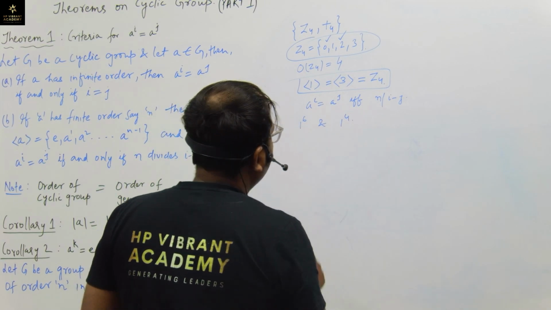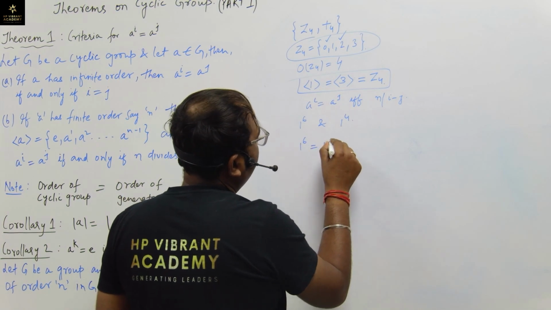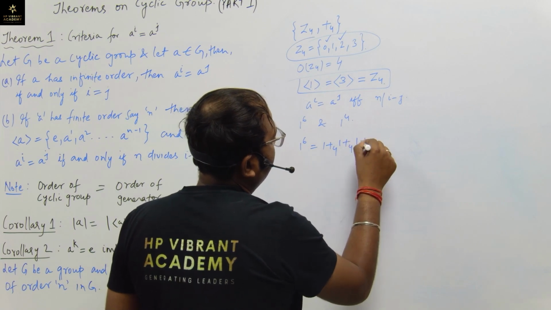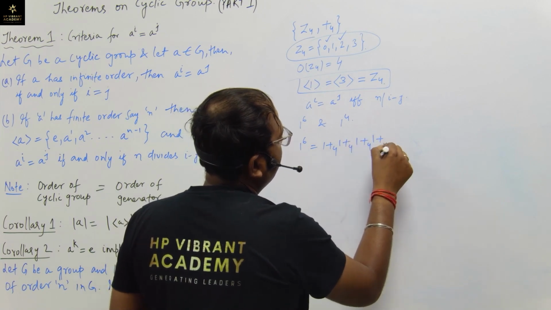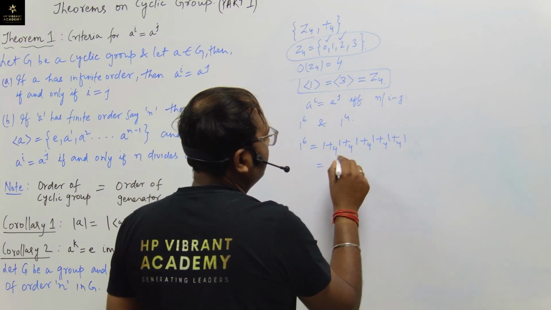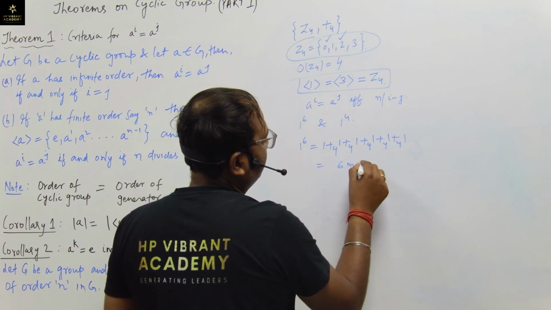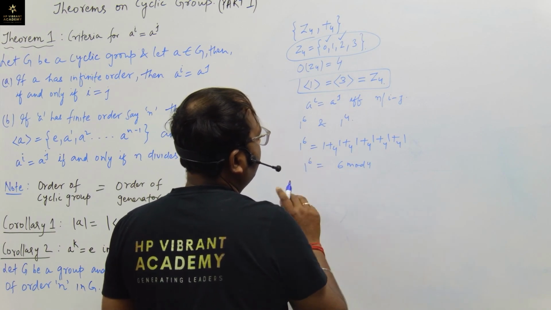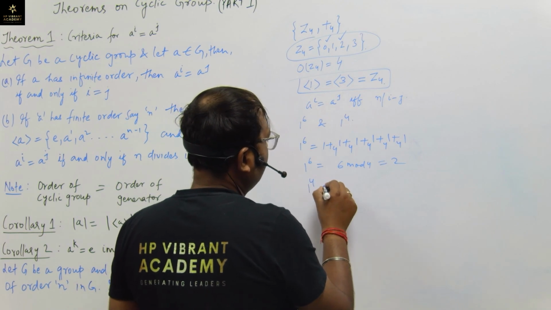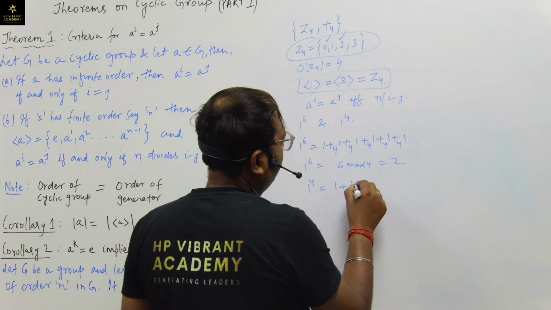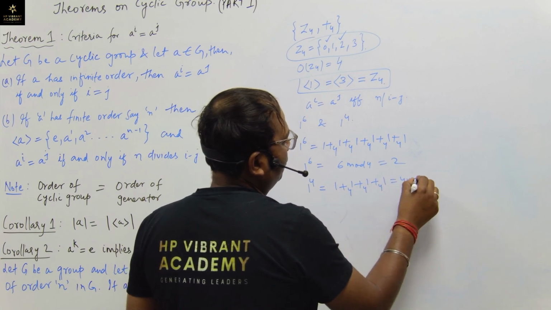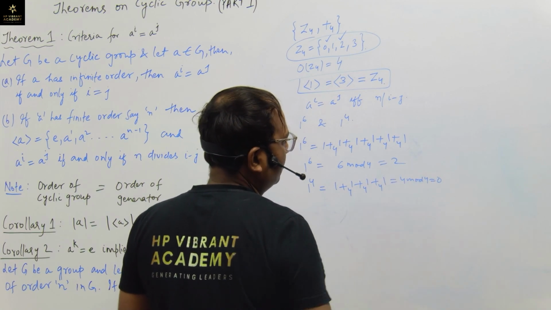So 1 to the power 6 will be 1 plus addition modulo 4, repeated six times, which is 6 mod 4, equal to 2. 2 is the remainder. Similarly, 1 to the power 4 is 4 mod 4, which is equal to 0, because 0 is the remainder.